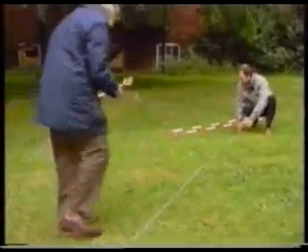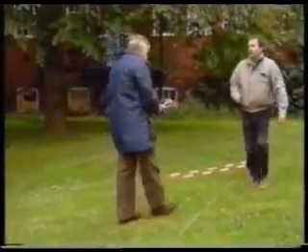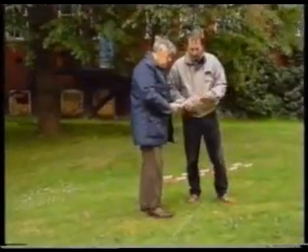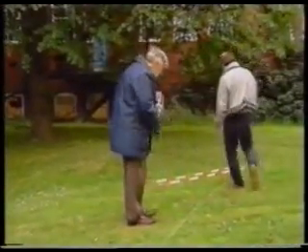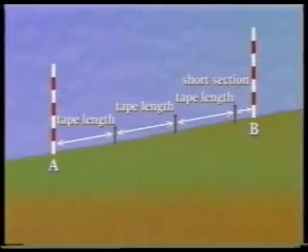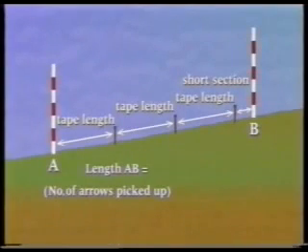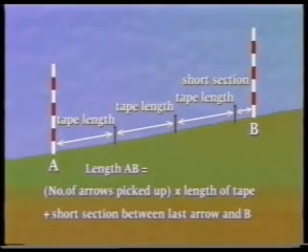The leader and follower now check the number of arrows that have been used. Okay, that's fine. Great. The length of the line is given by the number of arrows picked up by the follower multiplied by the length of the tape plus the short length measured between the last arrow and point B.